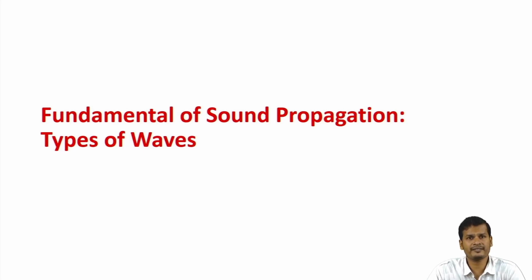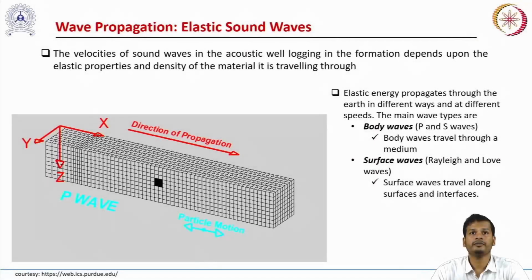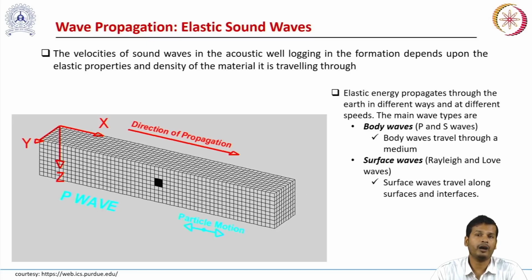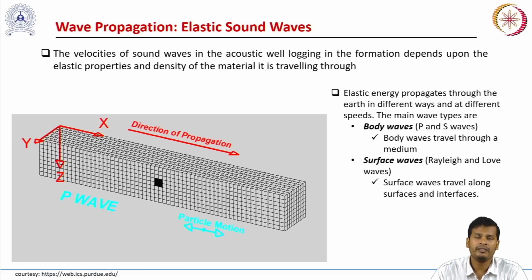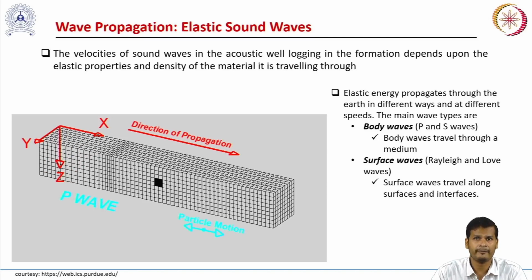Let us first discuss the different types of waves. As we have discussed at the start, the sound waves are going to propagate when vibrations are created, and these vibrations are propagated by the particles of the medium in which the sound wave is traveling.